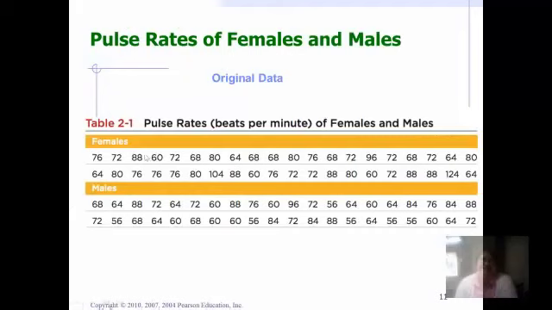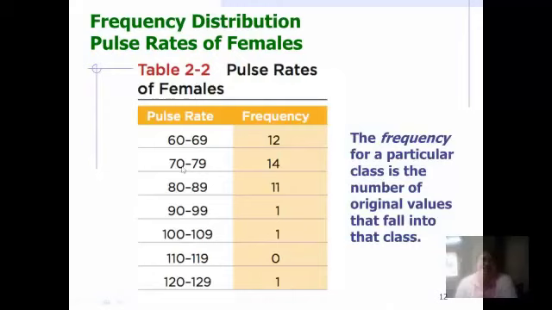If you look at this, the lowest score was 60, and the highest score looks like it's going to be 124. So what we want to do is divide out our scores from 60 to 124, and we divided it into classes.